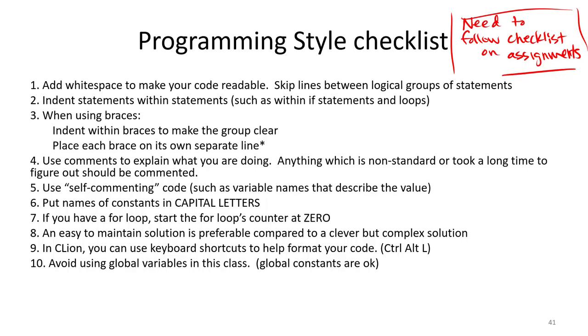So style checklist. Add white space to make your code readable. You don't need to squish everything into as little space as possible. Spread your code out, make it easier to read. Skip lines between groups of statements that do different things. Also indent statements within statements, such as inside an if statement.